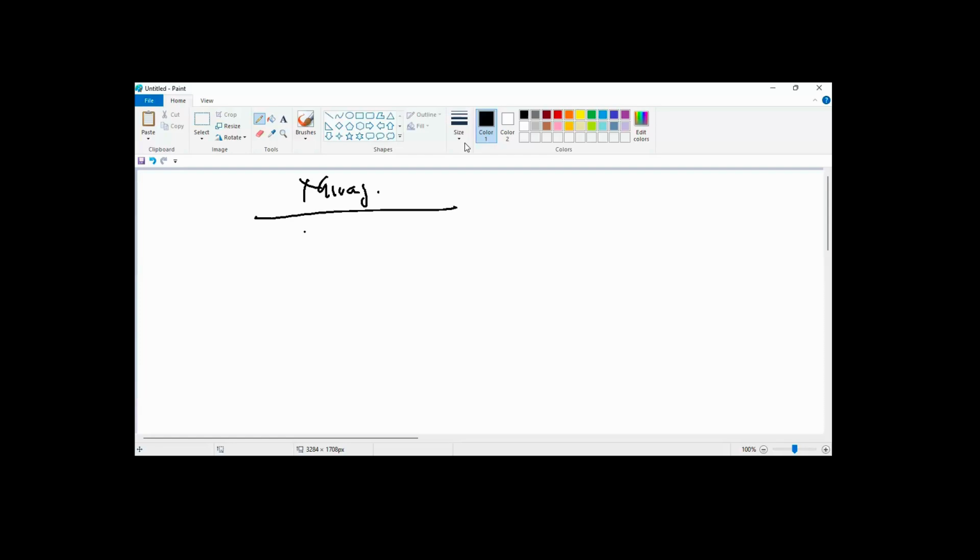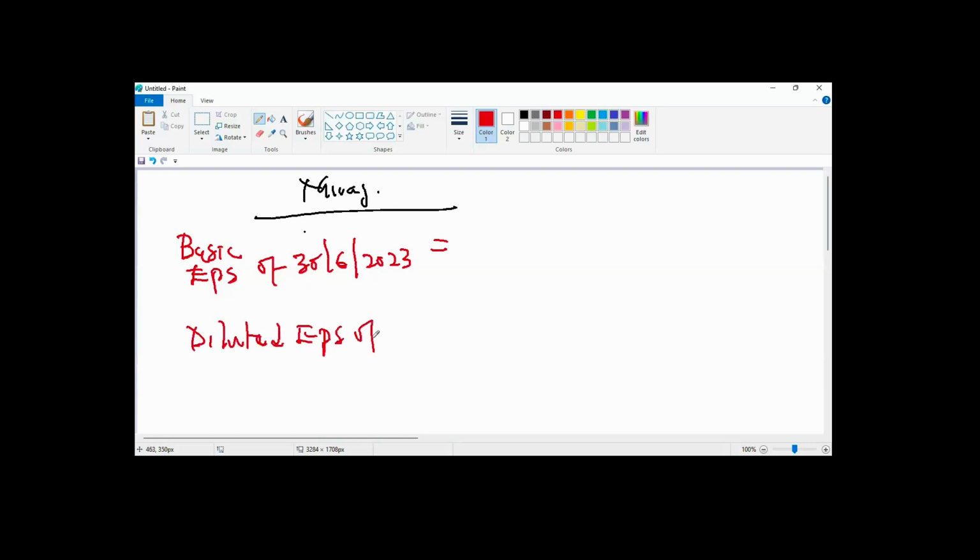So I would say basic EPS of 30th June 2023, and I should also calculate diluted EPS of 2023. Good. This is the requirement.